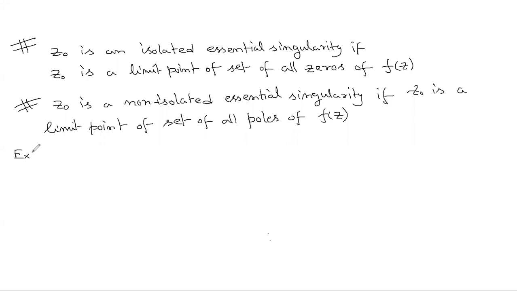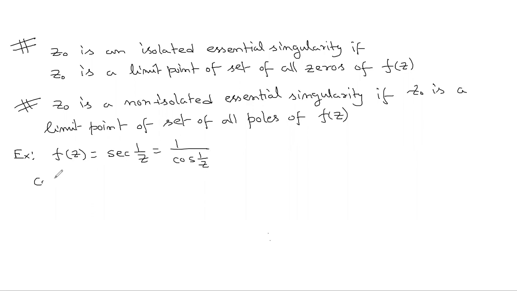For example, if we take fz equal to sec 1 by z, which can be written as 1 by cos 1 by z. So the zeros of the function cos 1 by z are the singularities of the function fz.